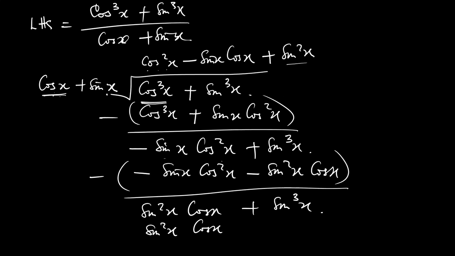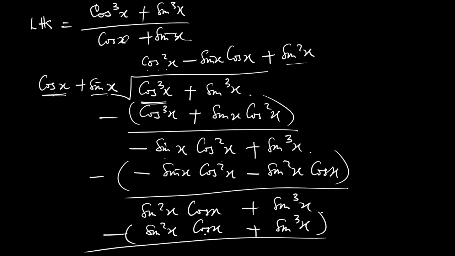Then this sine square x times this, you have plus sine cube x. So now if you subtract, this will cancel out, this will cancel out, you have 0. So that means we haven't divided with this is what we get. Since it's 0, it means that this expression is equal to this times this.